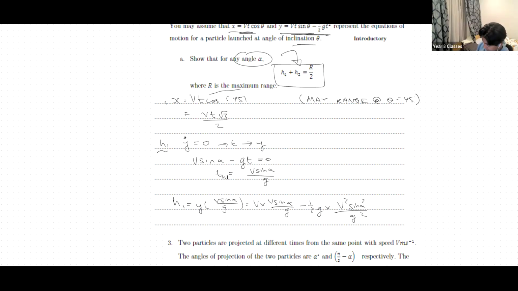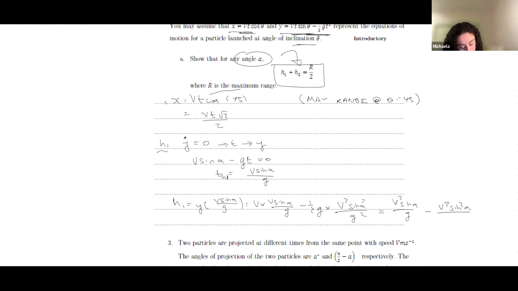So if we simplify it, what are we going to get? V squared sine A on g minus V squared sine squared A on 2g, which is just, have I done something wrong? Isn't this supposed to be another sine squared?